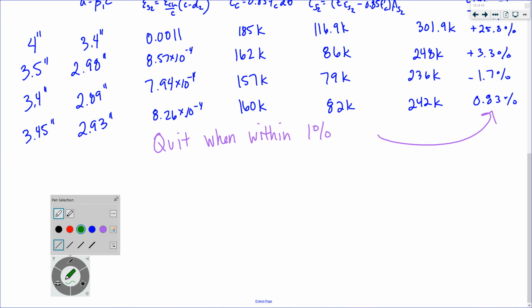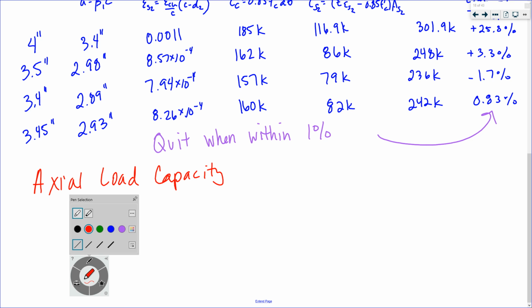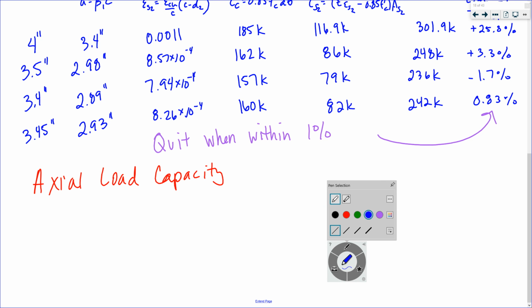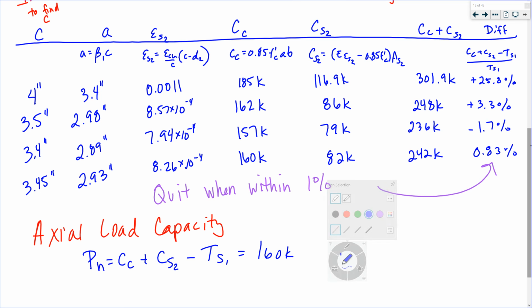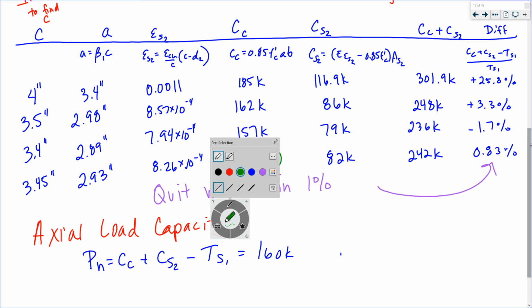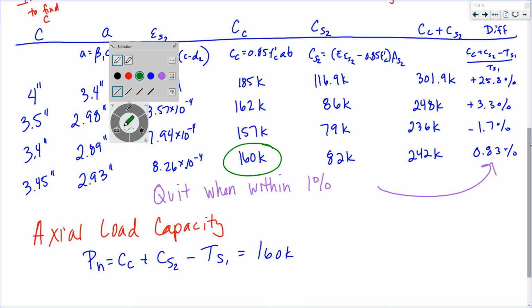Let's see, my axial load capacity. I've got Pn equals C sub C plus C sub S minus tension. So let's see, I've got 160 kips plus C sub S2, 82 kips.